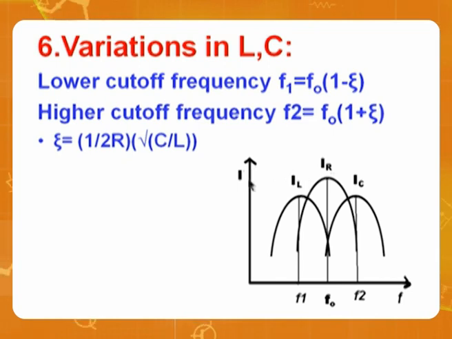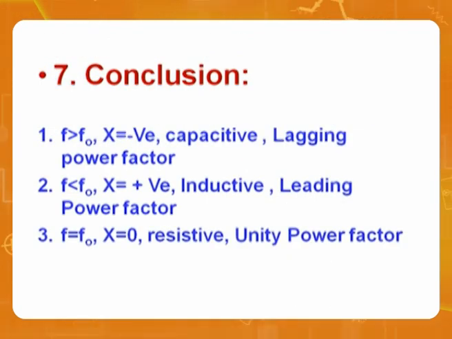This was actually called VC in the series, now it is IL. This was VL, the inductor, now it is IC. The actual one is IR. So these are the variations and the curves that we have.